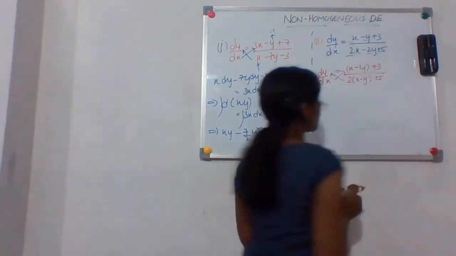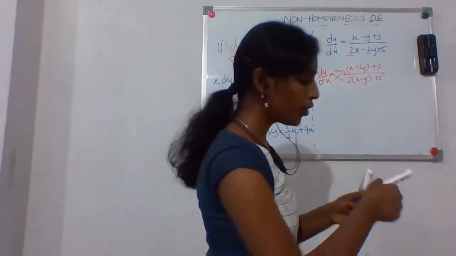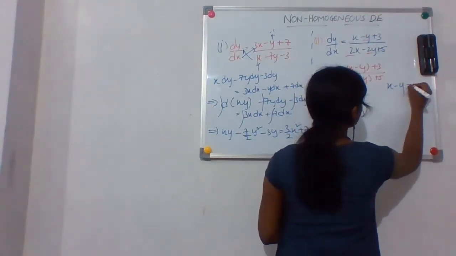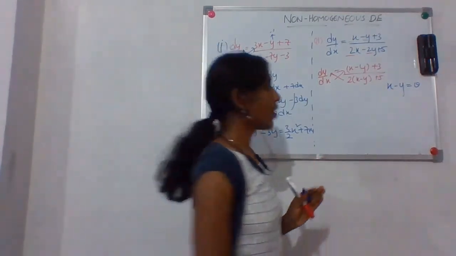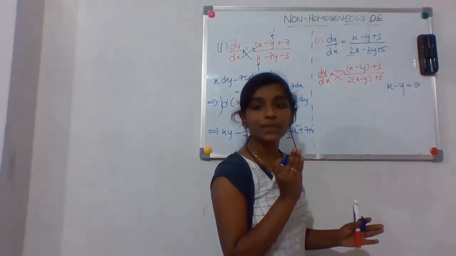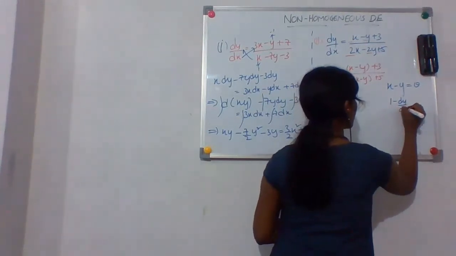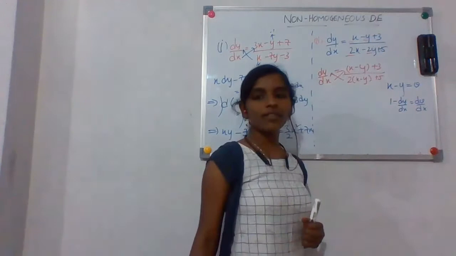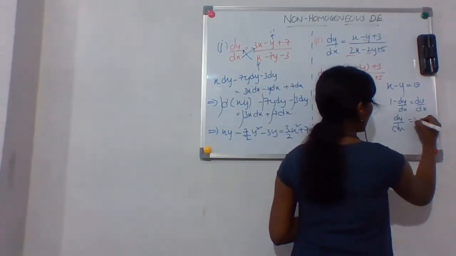We are going to put x minus y equal to v. Now differentiate on both sides with respect to x. You get 1 minus dy by dx equal to dv by dx. So instead of dy by dx, you are going to put 1 minus dv by dx.